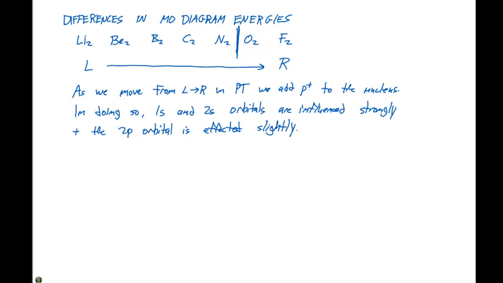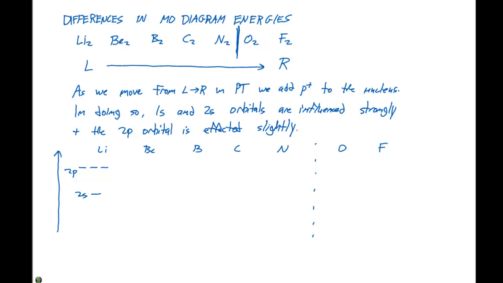So if we look at what happens to the energies as we go across from lithium to beryllium to boron to carbon to nitrogen to oxygen to fluorine, we can look at the relative energies of the 2p and the 2s orbitals.